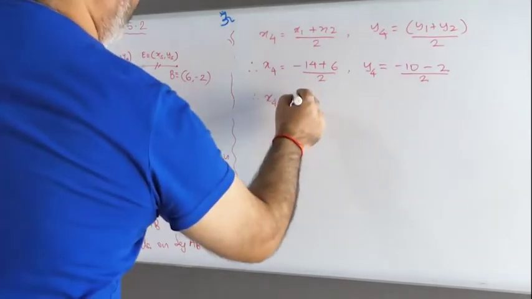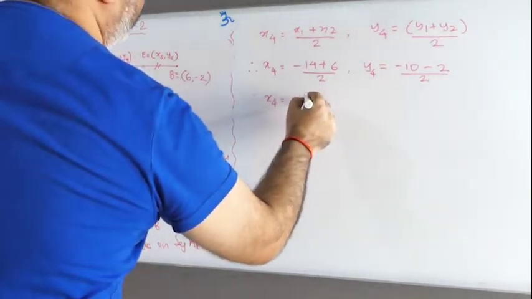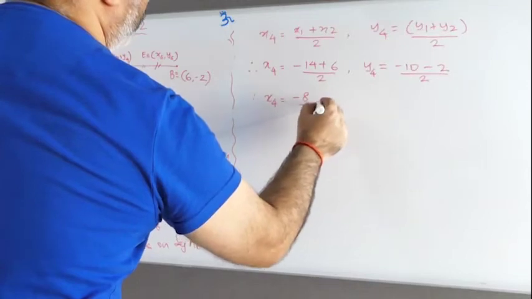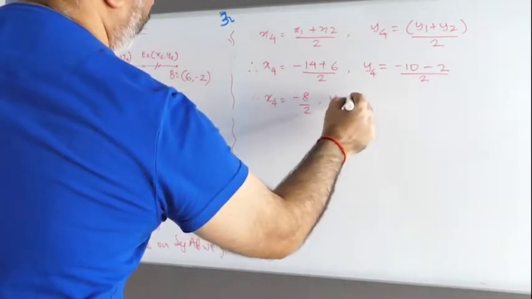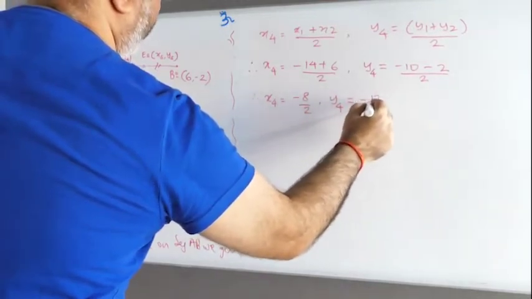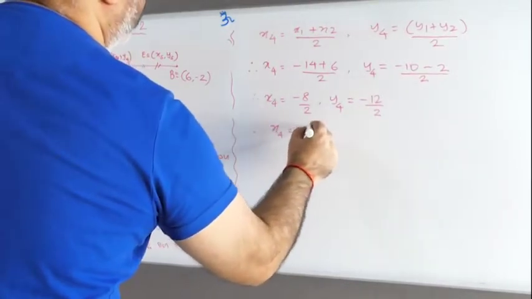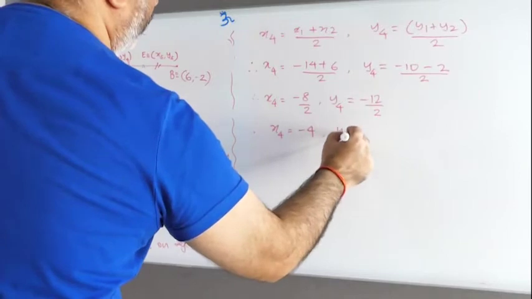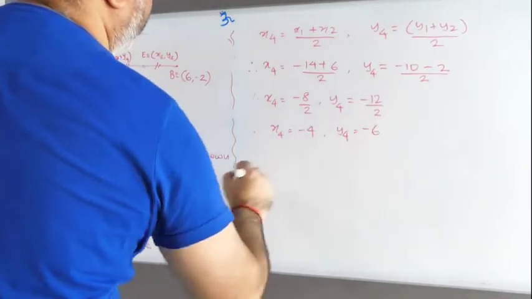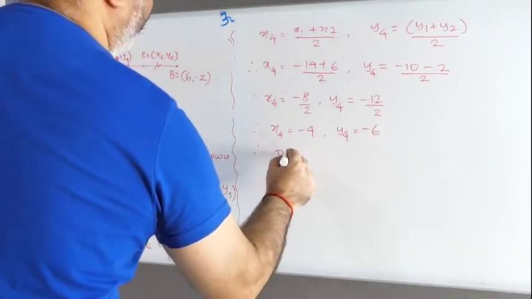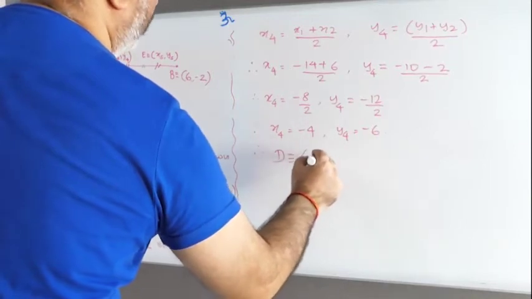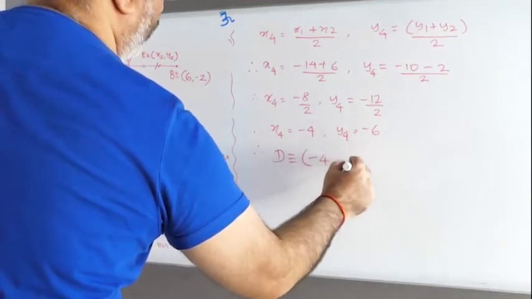You have minus 8 divided by 2, and for y4 you have minus 12 upon 2. So x4 is equal to minus 4, y4 is equal to minus 6. So you have got the coordinates of D now, which is minus 4 comma minus 6.